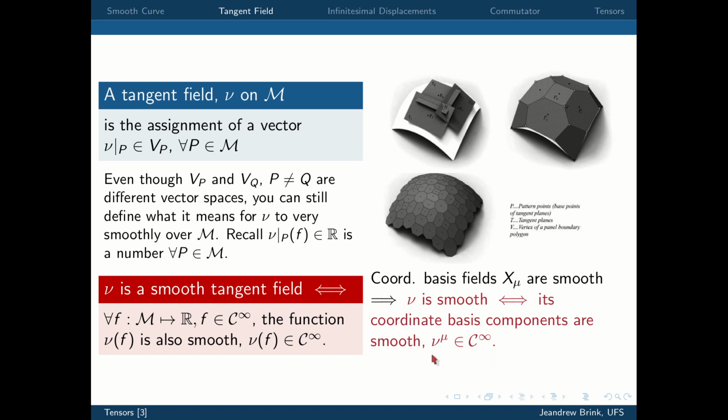Remember we express the vector as these components times these basis vectors, and as long as the components there are smooth, we're fine. So that's a vector on the tangent field.